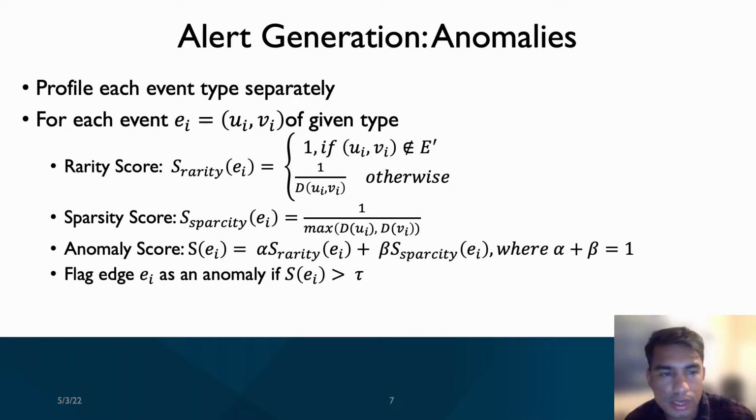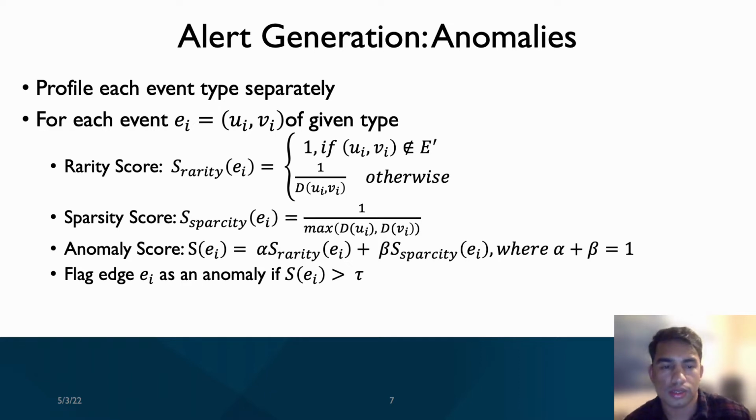So for anomaly detection, we profile each of the event types separately. Once we have the behavior profile for different event types, for each incoming edge, we compute two scores. First, we determine how rare a given event is based on the historical context, and the second is how sparse the endpoints associated with the given edge are.